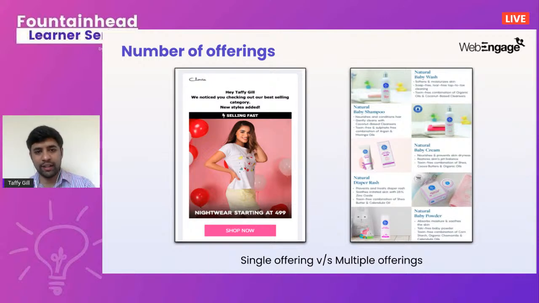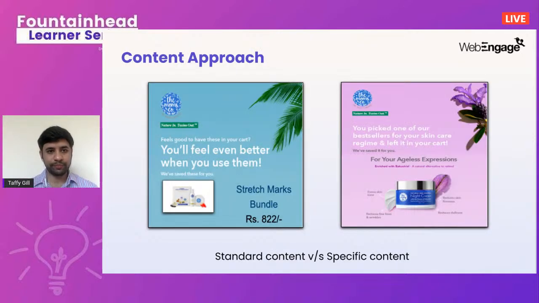Now, the one on the right is a communication that highlights multiple offerings, wherein the distraction element would definitely be there, because that has a lot of other products or categories and text highlighted. But the good thing is, if let's say the user is not interested in buying natural baby wash, a lot of other avenues of products are available, from shampoo to creams and powders. So this again is something that you could A/B test.